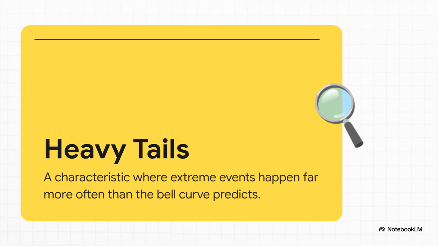And the second problem? It's what we call heavy tails. See, in a normal bell curve, those really extreme events are supposed to be astronomically rare. But in the real world, things like market crashes or massive insurance claims, they happen way more often than those models would ever predict. It's like the tails of the real-world data are heavier or fatter than the bell curve allows for.